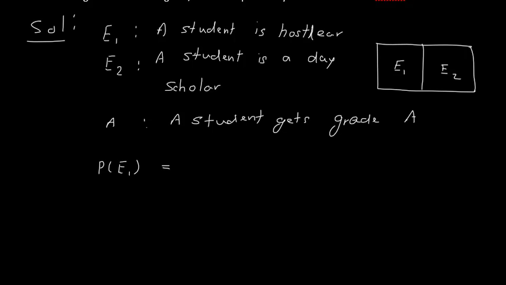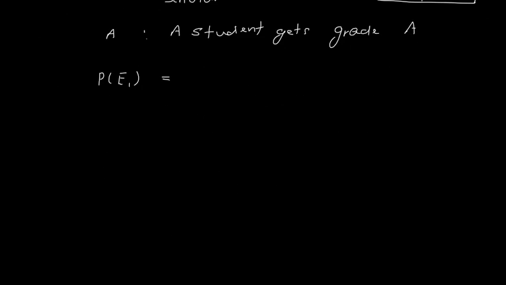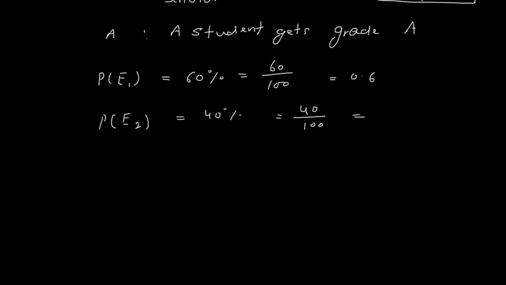That the student is a hostelier. Its possibility is 60%. Now 60% means 60 upon 100, that is 0.6, and he is a day scholar. It is 40%. 40% is 40 upon 100, that is 0.4.